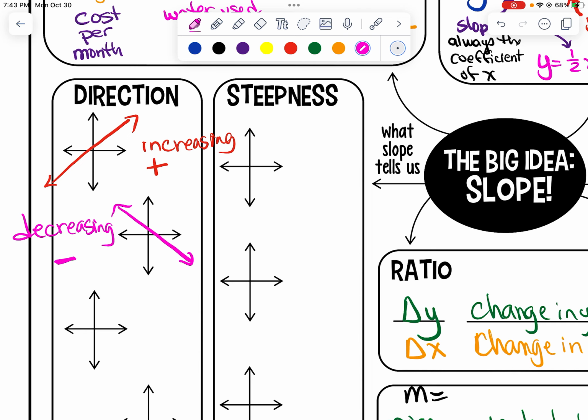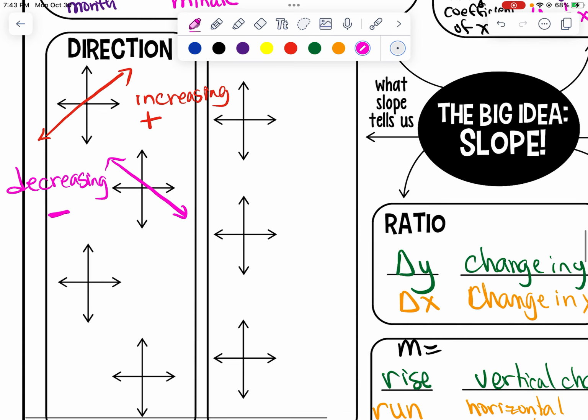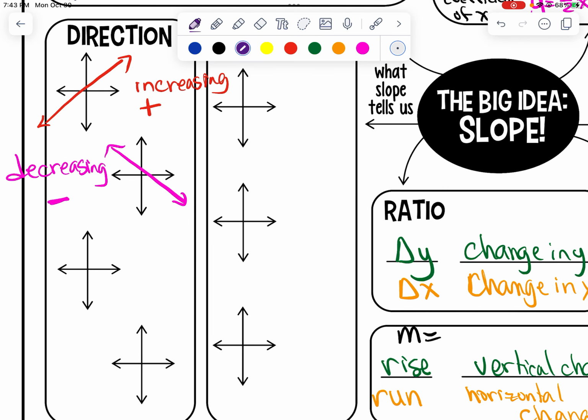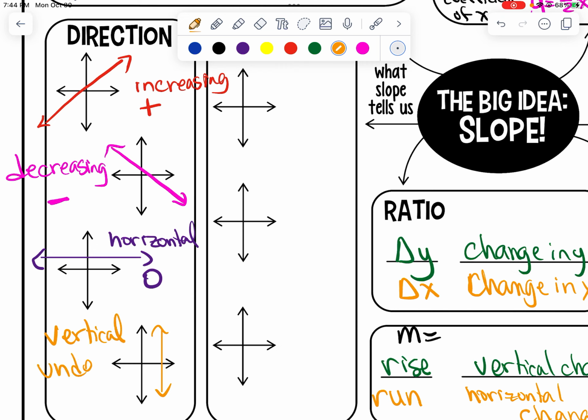That means it has a negative slope. If it goes this direction, that means this is a horizontal line and it has a 0 slope. And then this is vertical, and this has an undefined slope.